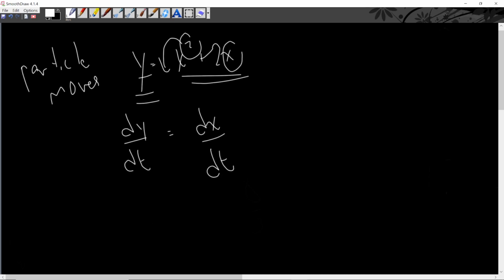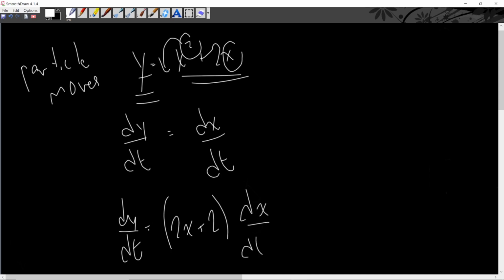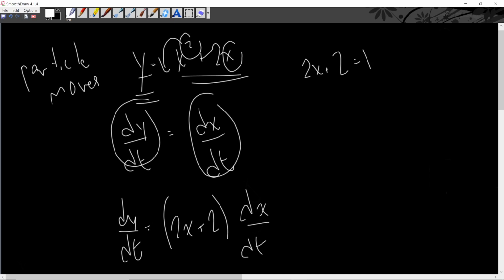Derivative of x is 1, so we have dy/dt is equal to 2x plus 2. I actually don't really like this problem. There are a lot better examples of related rates that we will probably need to do, but we do need to make 2x plus 2 equal 1, right? Because dy/dt has to equal dx/dt, and if 2x plus 2 times dx/dt equals dx/dt, that means that that's the same as 1.